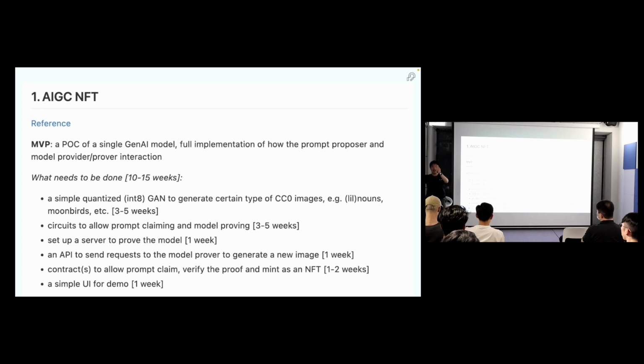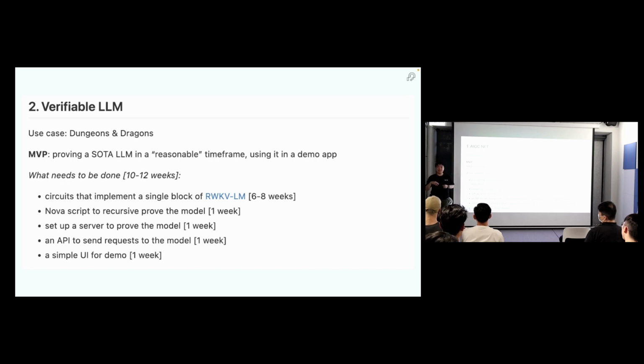So how does the proposer of the prompts interact with the server, and how does the server interact with the prompt proposer and with the contract? On the surface, the ERC seems simple and the implementation seems simple, but quickly you will run into a lot of design problems, for example how to prevent front running.